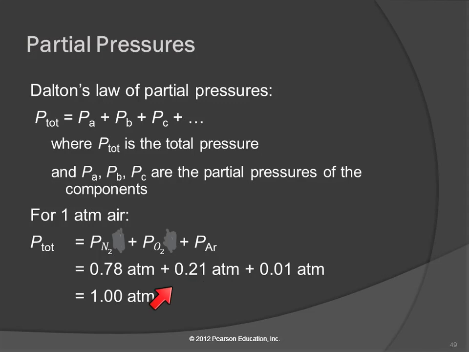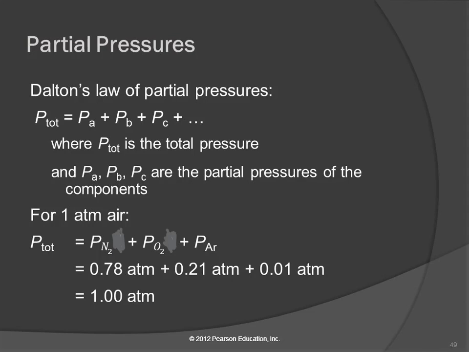So out of 1 atmosphere, 0.21 atmospheres are from the oxygen. The argon was, I believe, 1%, and then the rest of them are so small that they don't matter, because our uncertainty lies in the hundredths place, and everything else is smaller than that, so we don't even have to consider it. But we add all these up together, and we get 1 atmosphere.